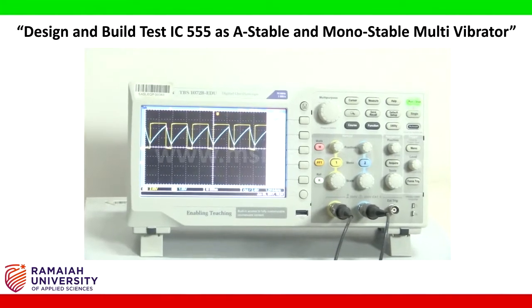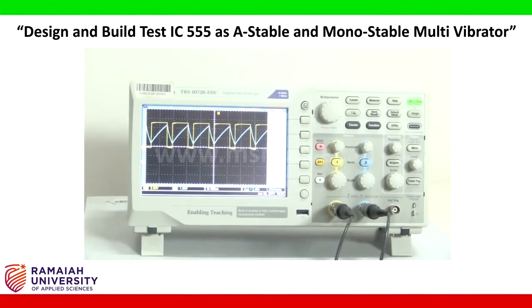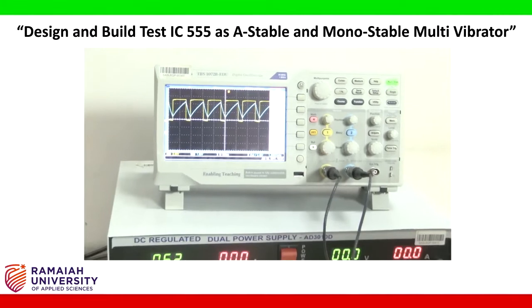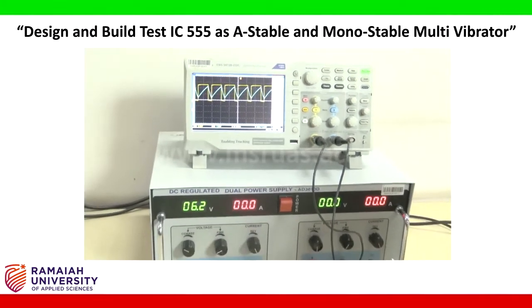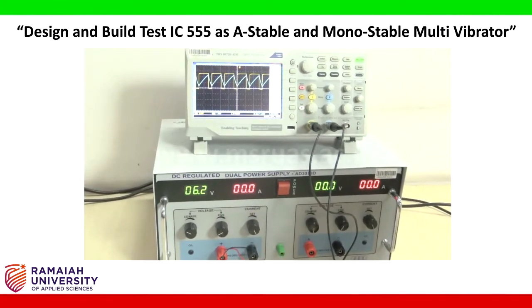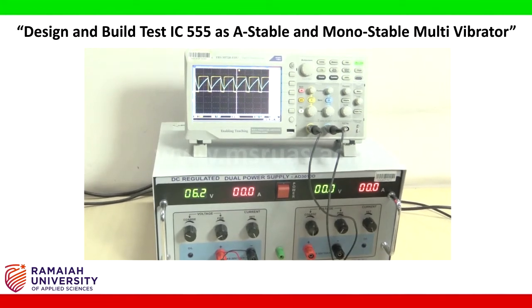So here we need to calculate the duty cycle, that is, the T on and T off time. When the signal is on, the capacitor is charging, and that is called the T on time. When the capacitor starts to discharge, that is called the T off time.